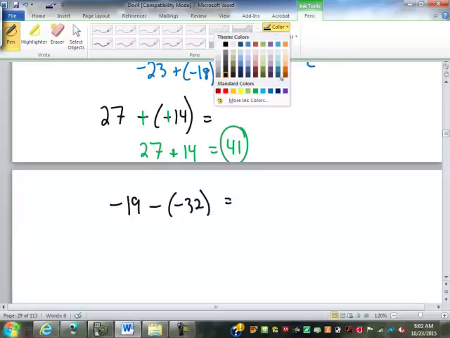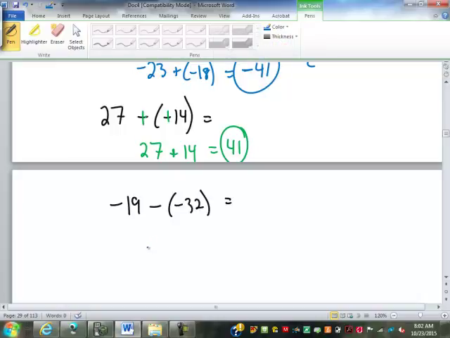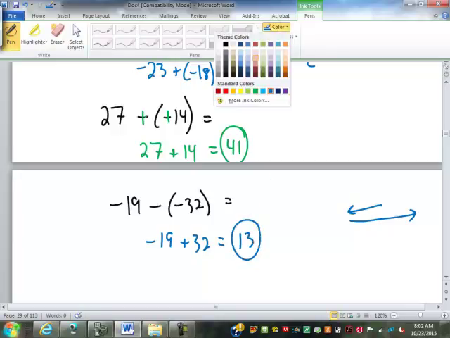What's that one going to become? Well, negative 19 plus 32. Negative 19 plus 32 is a positive 13.